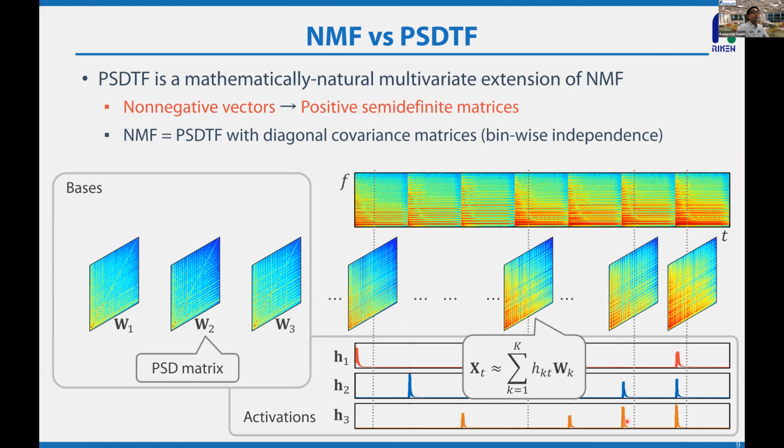This figure shows the comparison between NMF and the PSDTF. This is the observation. Here, this indicates a complex spectrogram. Each time-frequency bin has some complex value. In PSDTF, we calculate the covariance matrices at individual time frames like this.